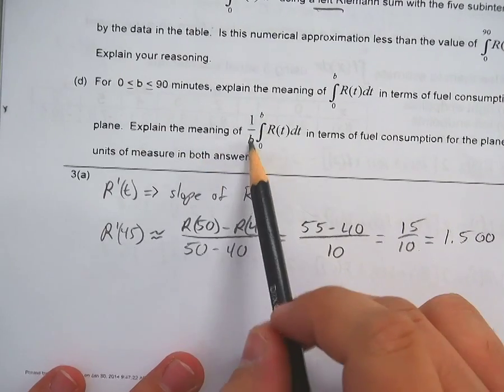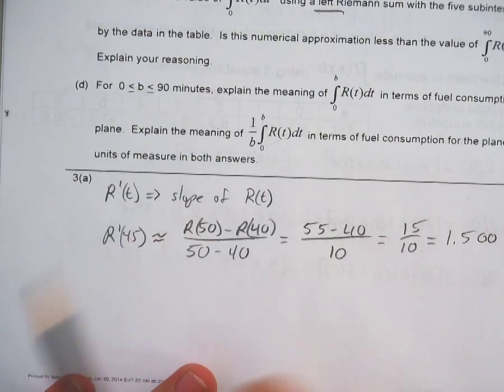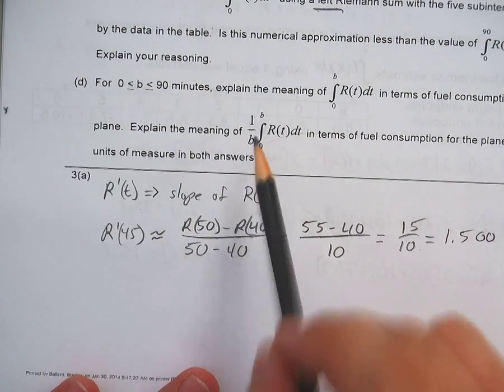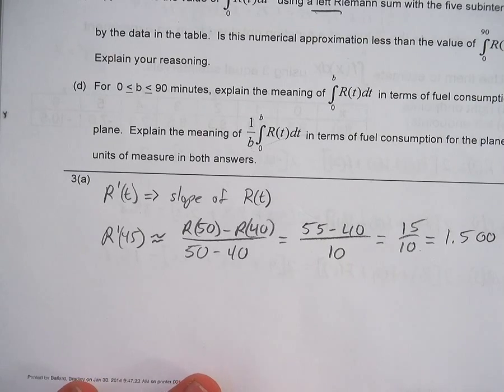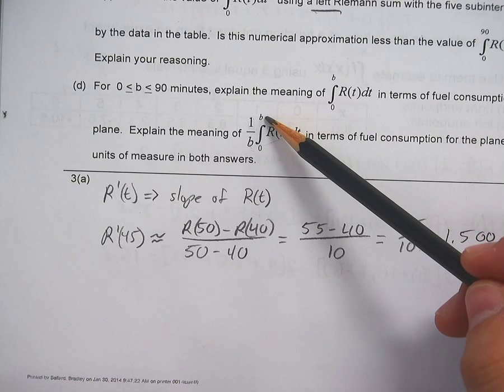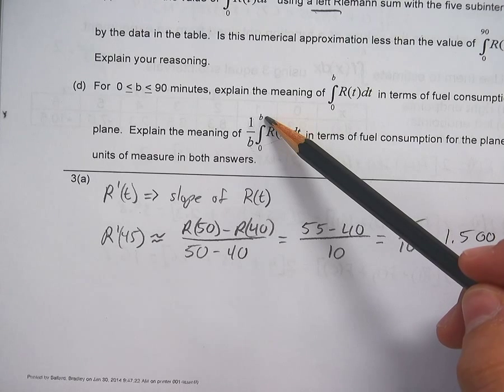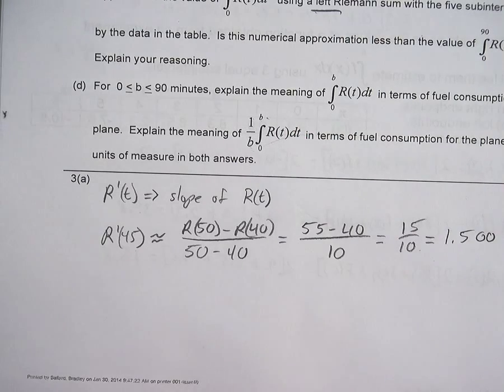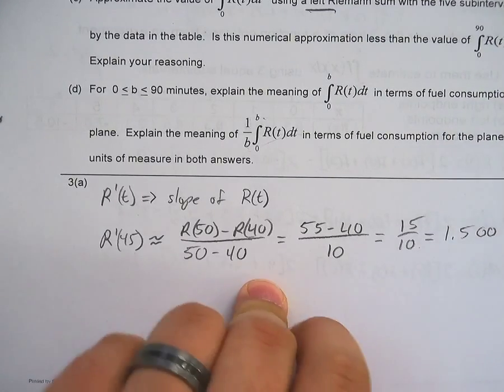And then the last question here says, explain the meaning of 1 over b of the integral. What happens if you take the integral and divide it by b? Well, what does b represent? b represents the number of minutes. So if you take how much fuel you've used running the plane and divide it by the number of minutes, that's going to be your average gallons used every minute.